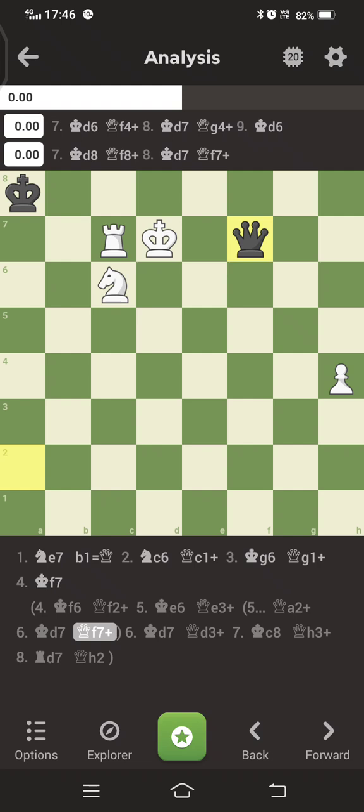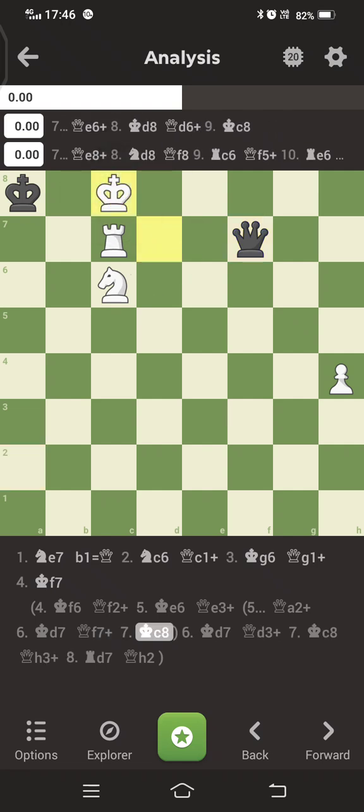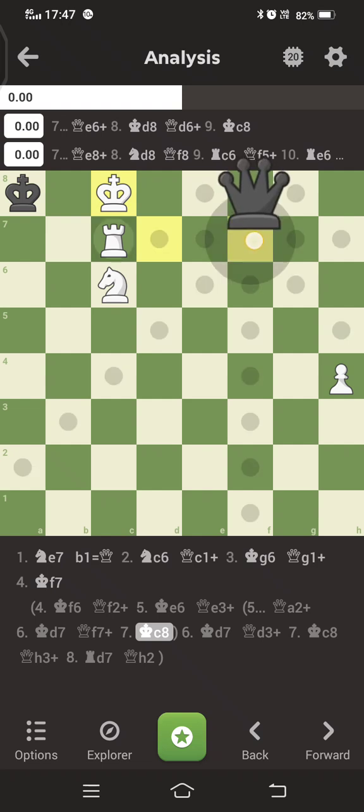So another thing to consider is white king and black king are on the eighth row, and black king is trapped by white rook because rook gives a check on seventh row.